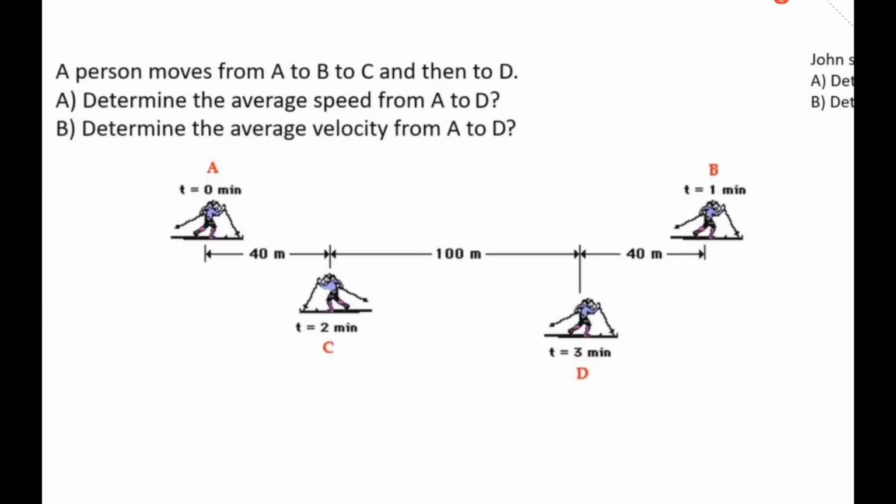Okay, let's go back. Look at this. This guy is covering how many distances? From A to B, from B to C, from C to D. So it's covering 3 distances. So we need to calculate the distance from A to B plus B to C plus C to D. Okay, let me write them down.